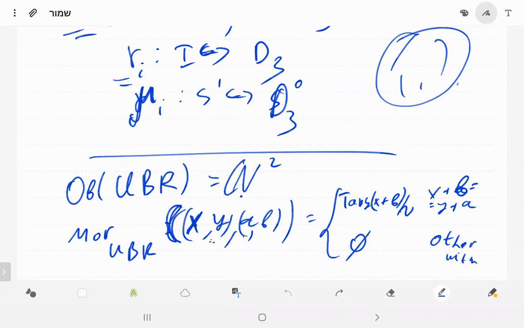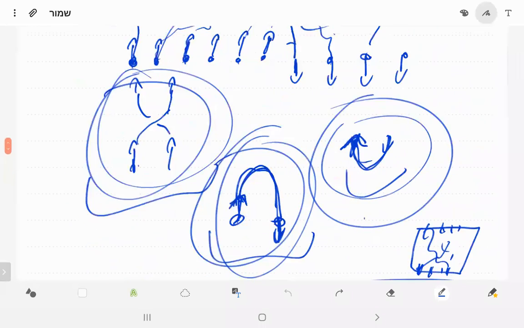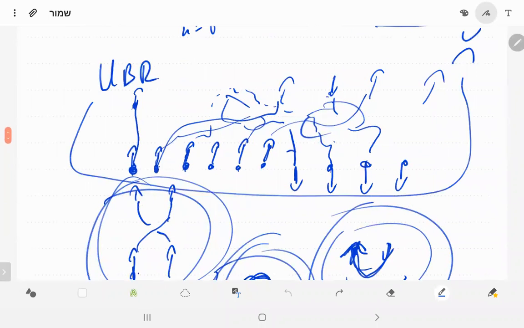Geometrically, how do I think about it? I think of diagrams that look like braided diagrams, but a little more complicated, because things can also go down, and there are loops there. I start with those points and the arrows going up and going down, and now I just put the whole picture inside a box.